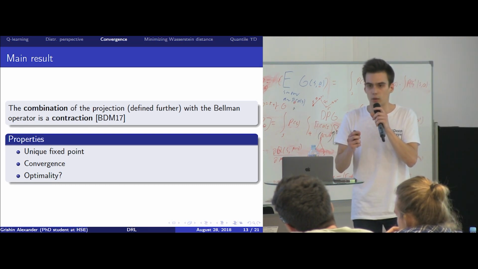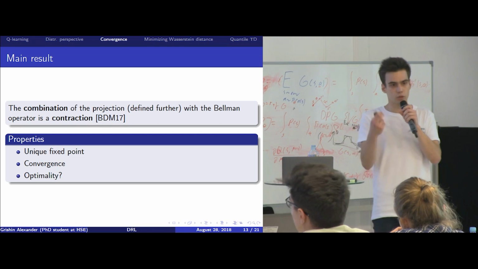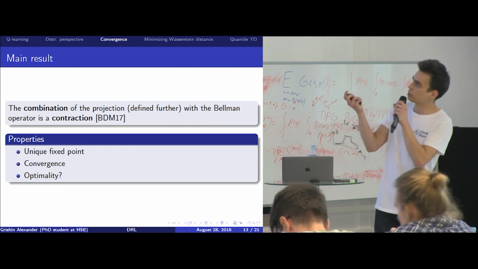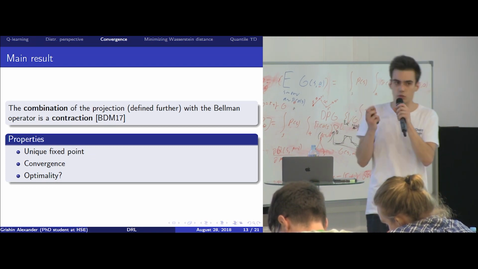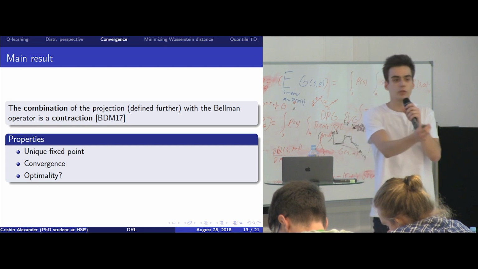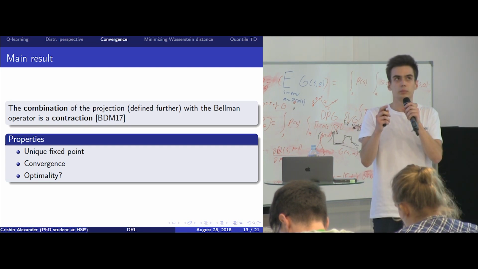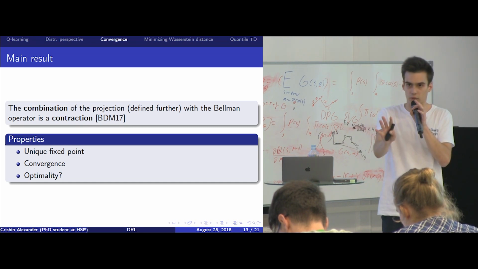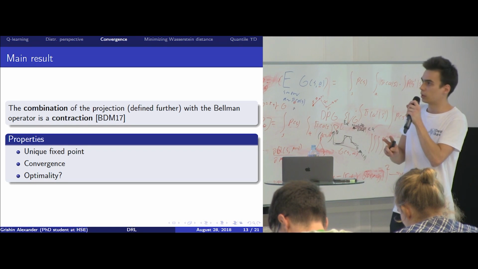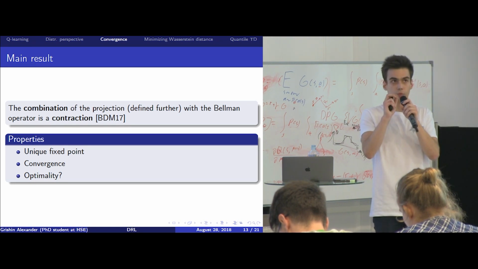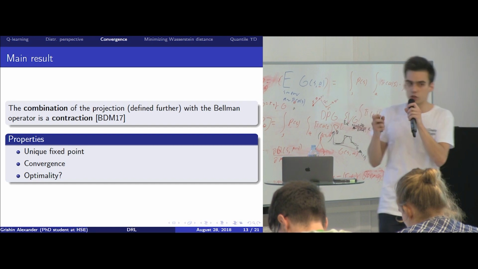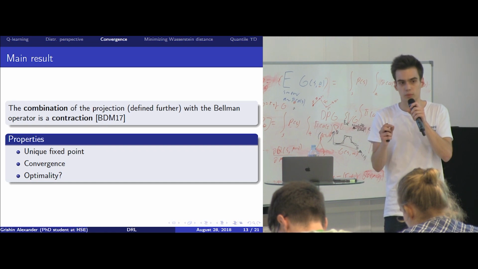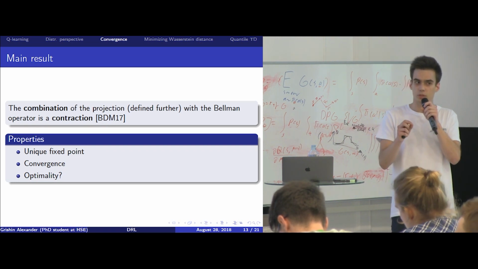We have fixed points of the distributional Bellman operator. If we introduce some approximation, the composition of these two operators can have a different fixed point from the fixed point of just the Bellman operator. So the fixed point of the combination will not be optimal in the sense of distributions. It's a very important thing.